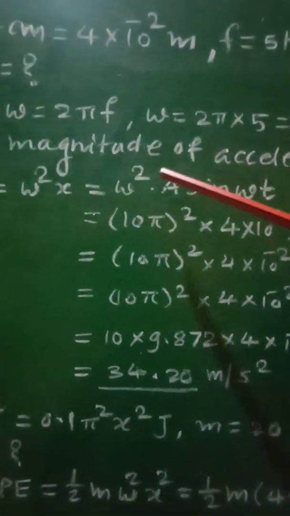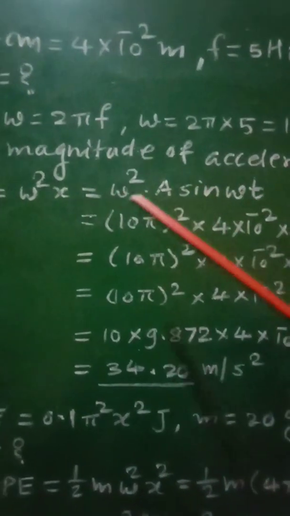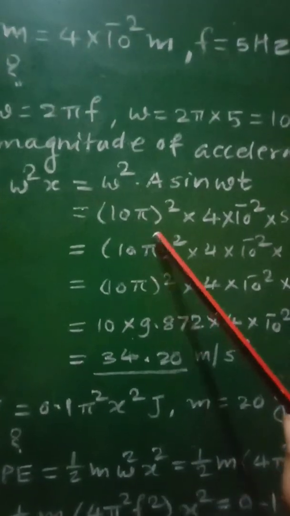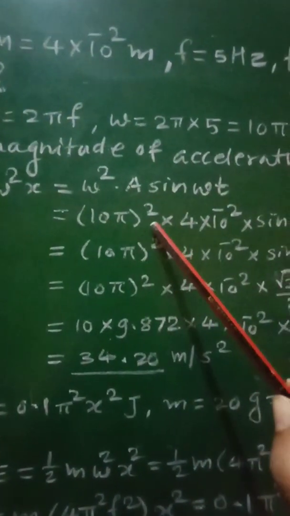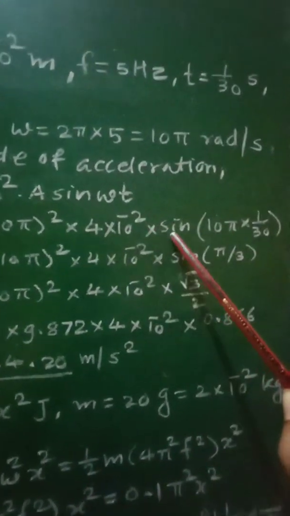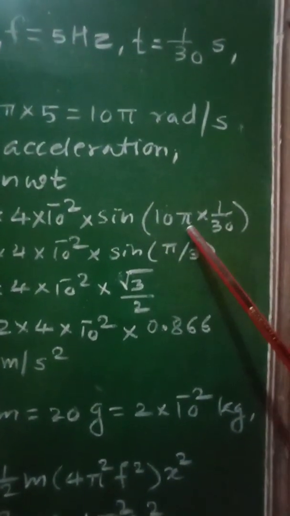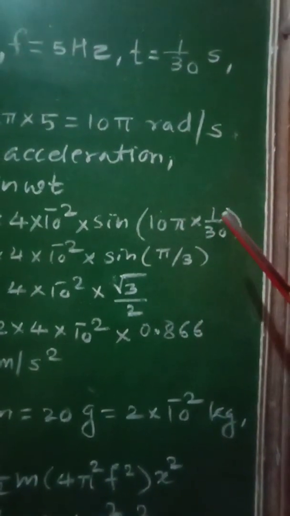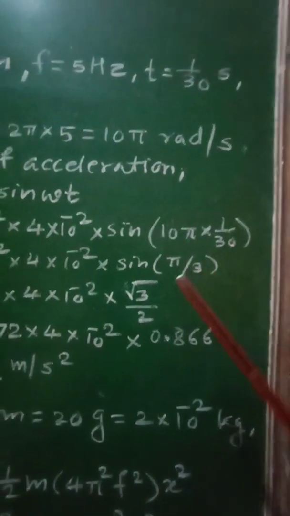Putting the values, omega is 10 pi, therefore (10 pi) square into A, which is 4 into 10 raised to minus 2, into sine of omega t, means 10 pi into 1 by 30, whose value comes out to be pi by 3.